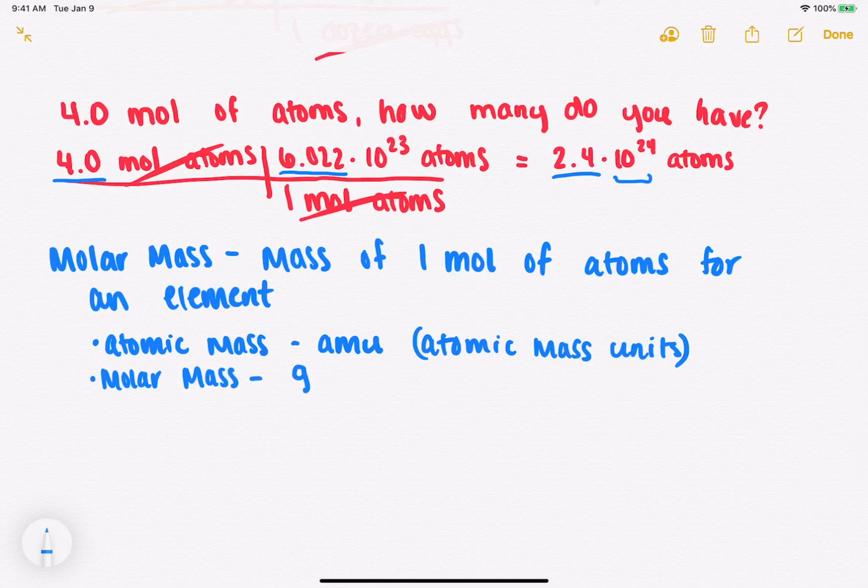We abbreviate that as either grams over moles with a horizontal dividing line, or you might see it with a diagonal dividing line, like that, grams per mole. Both of these mean the same thing, and when we talk about it, we vocalize it as grams per mole.